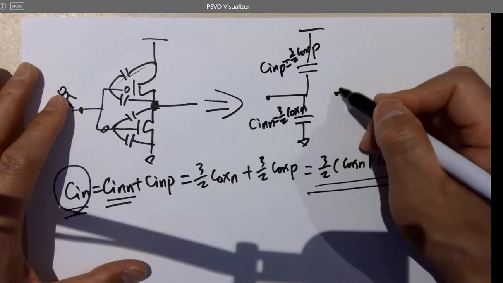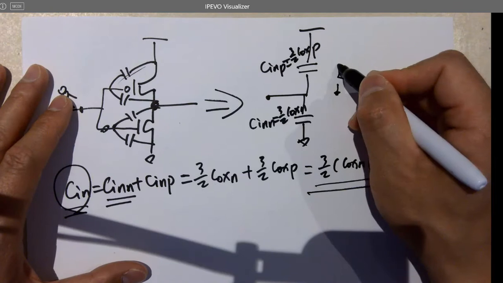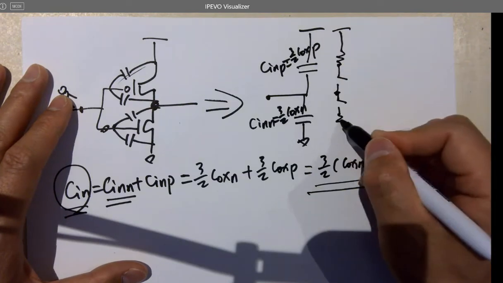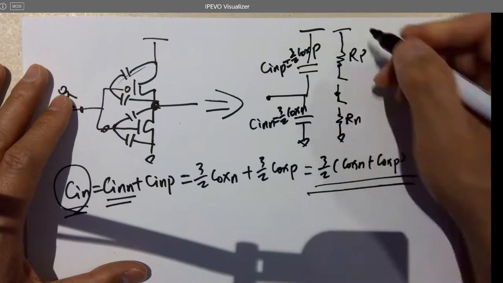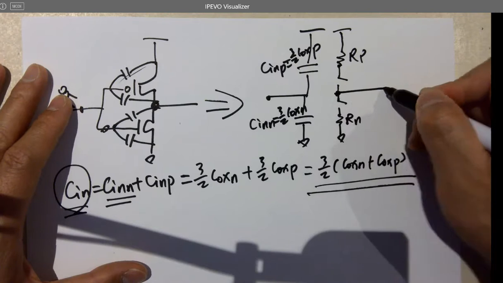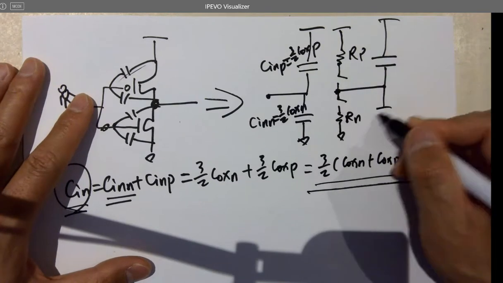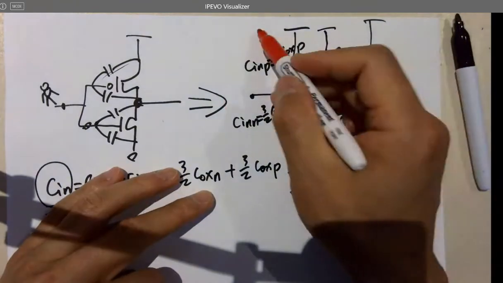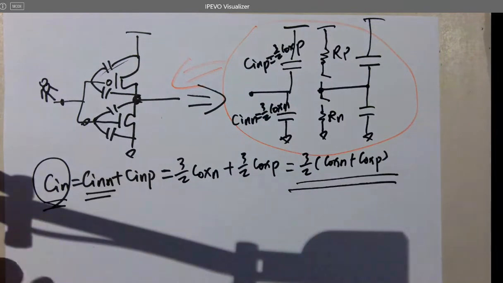And then here are the channels, RP, RN. And 2 more caps. What are they? So this is one model, a one circuit model for one inverter.